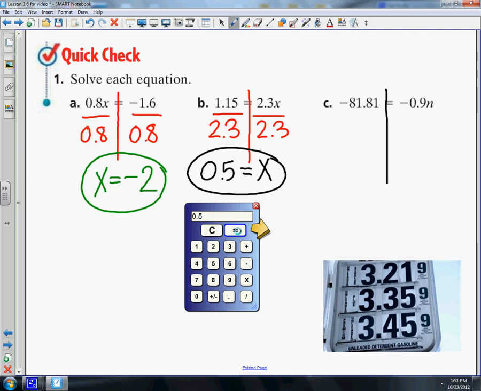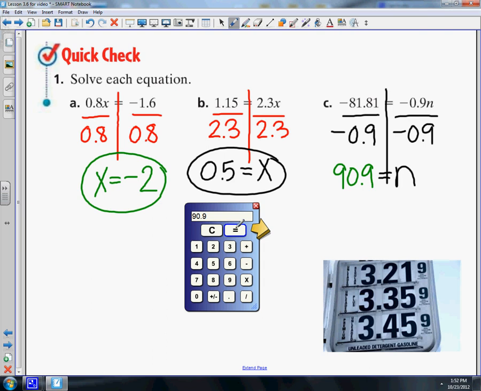And then this last problem, I'm going to divide by negative 0.9. So n equals 81.81 divided by 0.9, which equals 90.9.